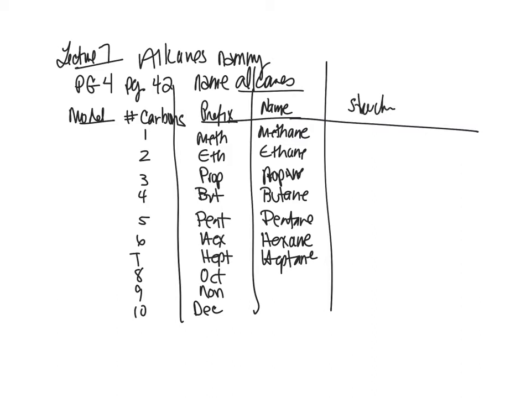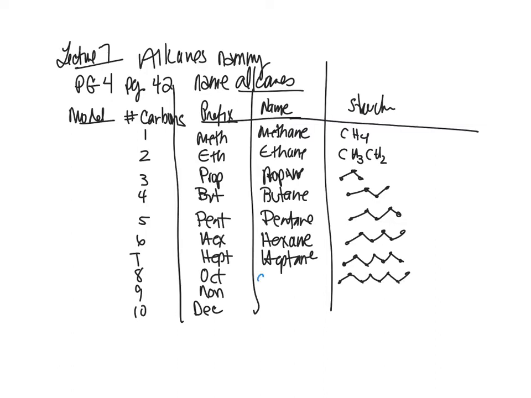Okay, and then we're at the structure. I'm just going to do some of these as your line drawings. So propane, butane, pentane, hexane, heptane, octane, and I'll write that in there, octane.